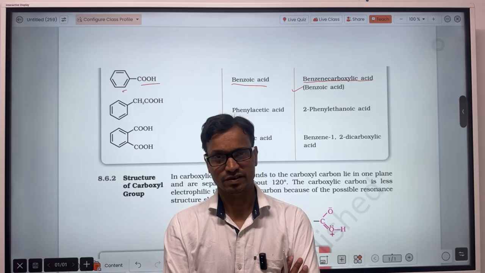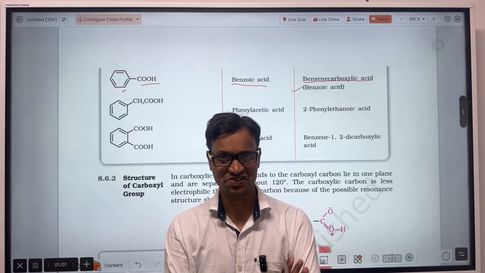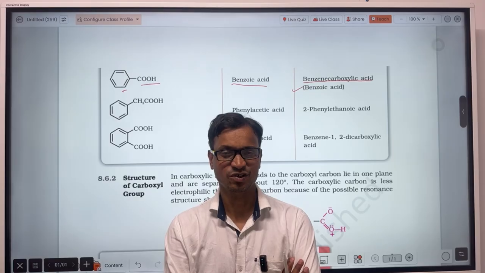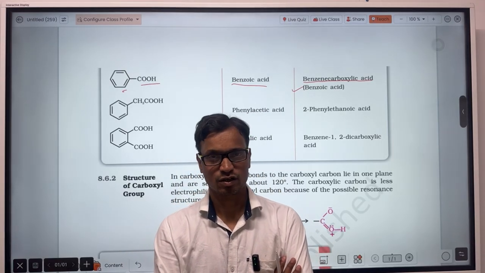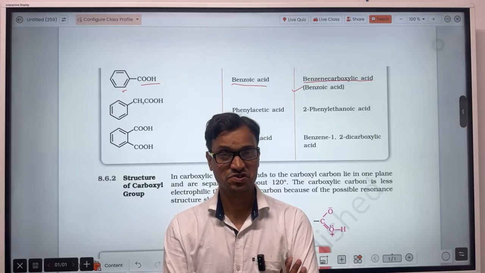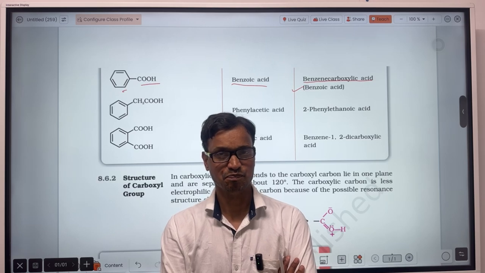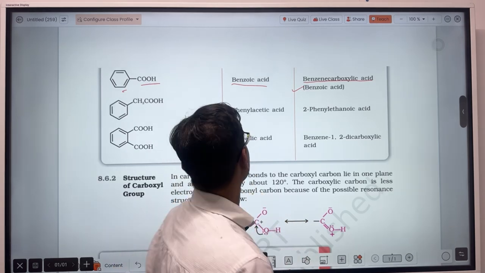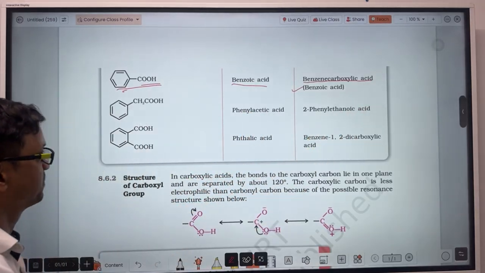So the suffix carboxylic acid was used in place of oic acid, because the functional group COOH was not included in the main chain. So the common name is benzoic acid, or benzene carboxylic acid.